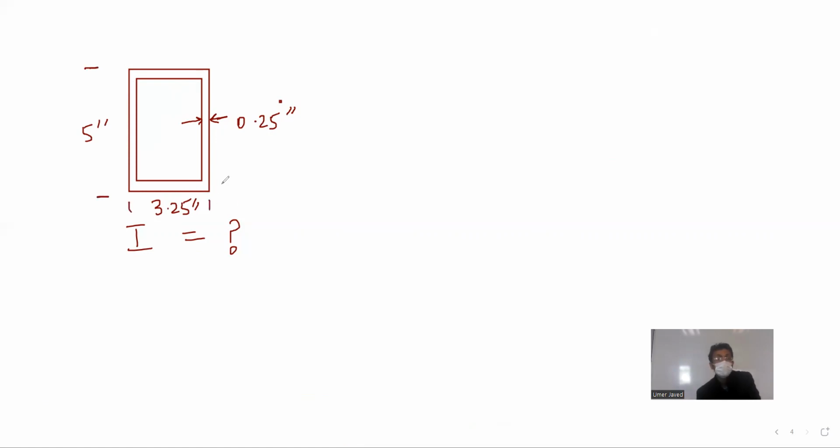And again, this one is also 0.25 inches. So give me the value of I for this hollow structure. Let's say this is my neutral axis. So, moment of inertia about the neutral axis.